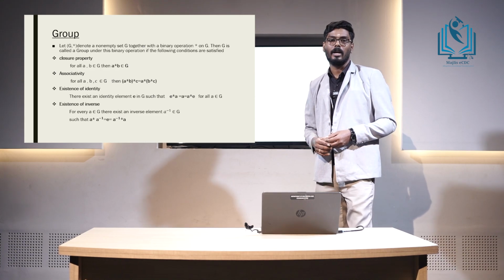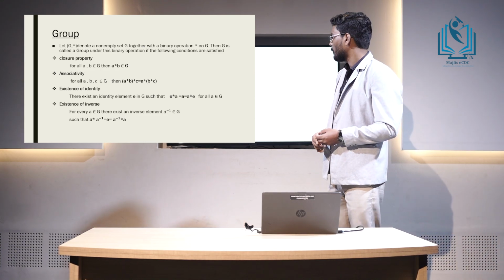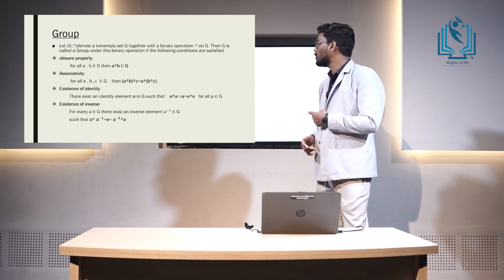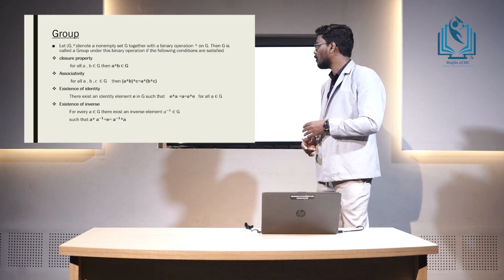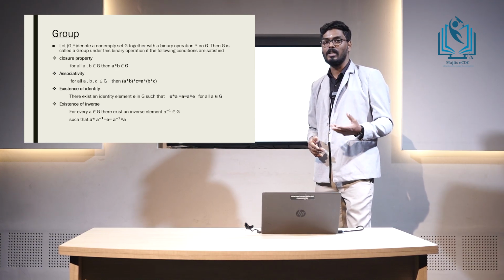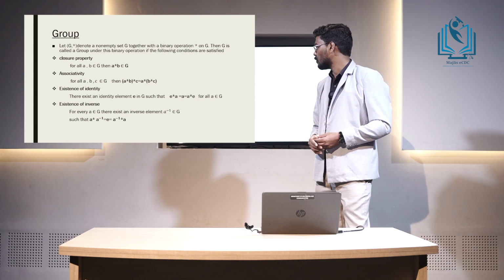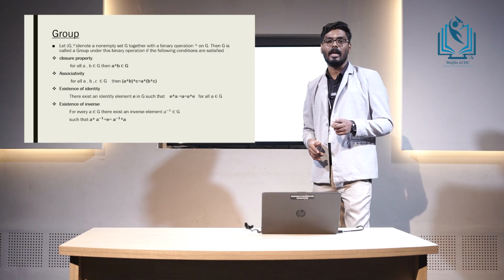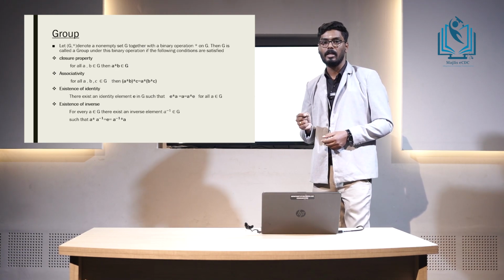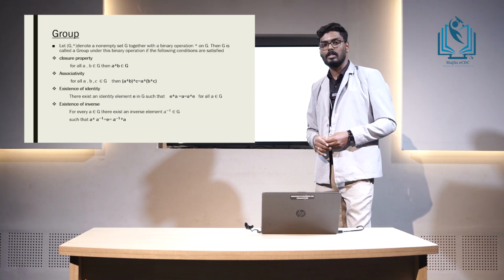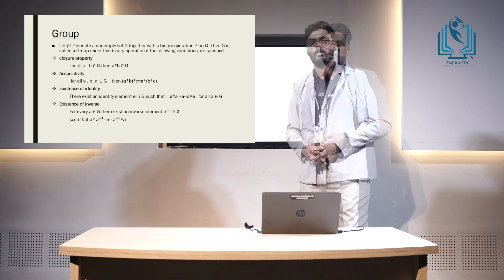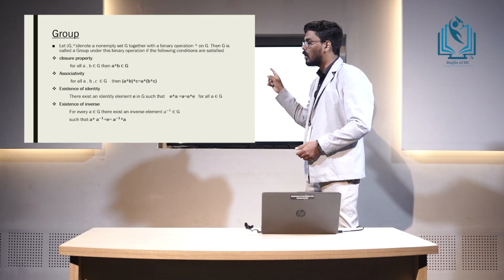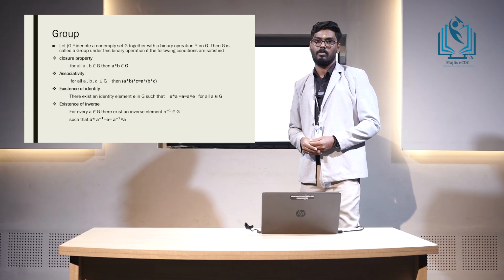Then the element is called an identity element. The last one is existence of inverse. For G to be a group, every element of G should have an inverse element. So for every A belonging to G, there exists an A inverse in G such that A star A inverse will be the identity element E. Same for A inverse star A as well. If it satisfies all the four conditions, then G along with the star is called a group.